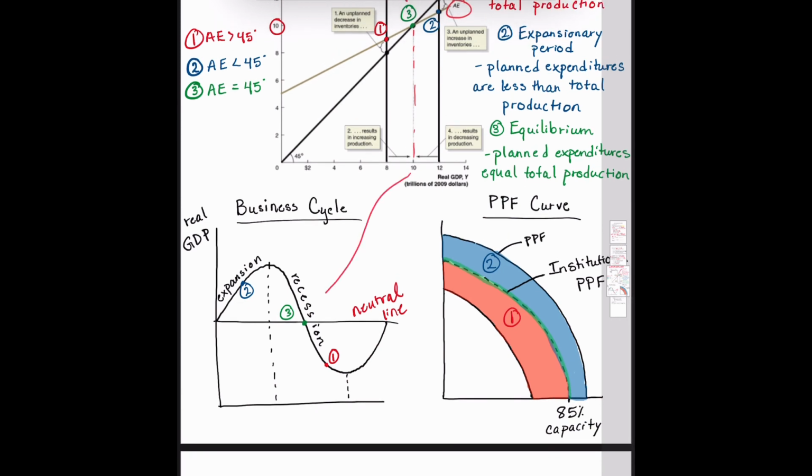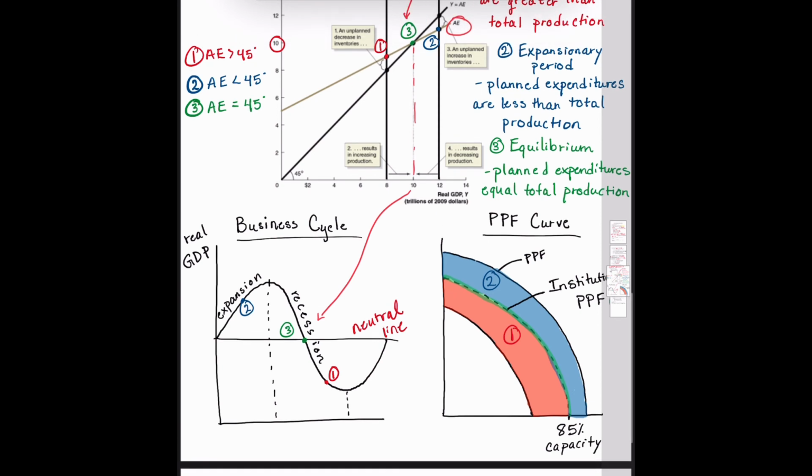So we can draw an arrow down to there. So we're not in a recession or expansionary period here at the neutral line. We are in perfect macroeconomic equilibrium.